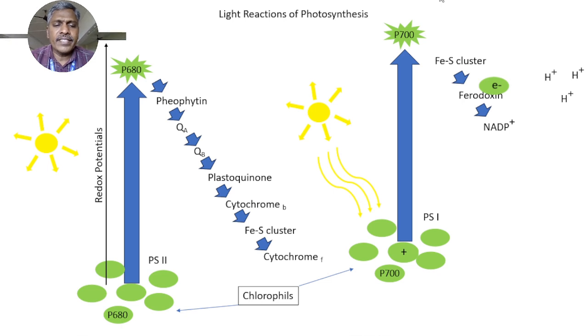Finally, ferredoxin transfers this electron to NADP+, which further takes an H+ ion and converts into NADPH by the enzyme called NADP+ reductase. This NADPH is then used in the Calvin cycle to reduce carbon dioxide into glucose.